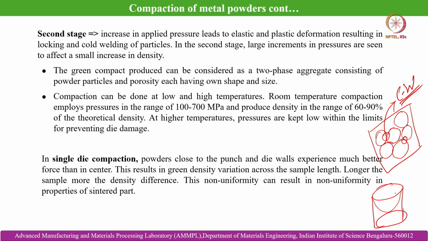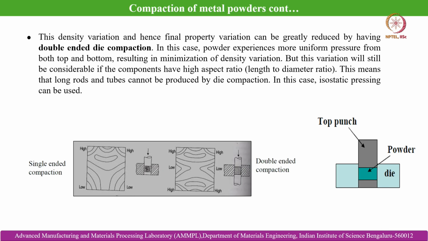The location adjacent to the punch bears higher green density and simultaneously higher sintered density, which can cause non-uniform properties in the sintered state. It can also serve as an inhomogeneity leading to anisotropic behavior of the sintered part. So this is a typical example.